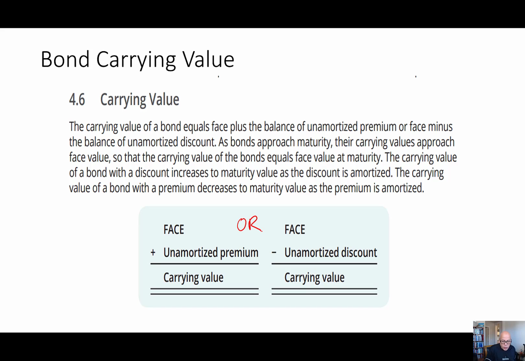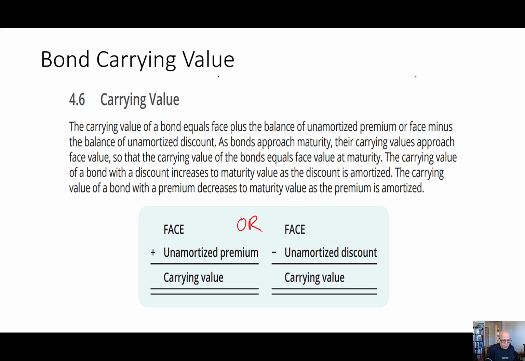And so you have the face of the bond, whatever that is, $1 million, and then you add any unamortized premium at the date that you're preparing your balance sheet to calculate carrying value for a premium bond. For a discount bond, it's going to be face minus the unamortized discount. And that's how you'll determine carrying value at any point in time.